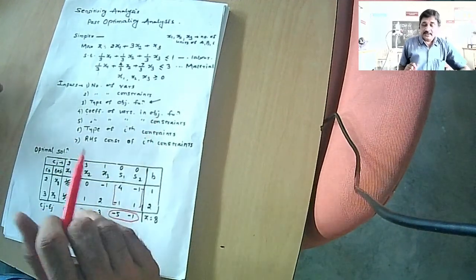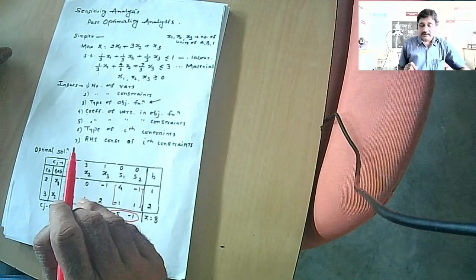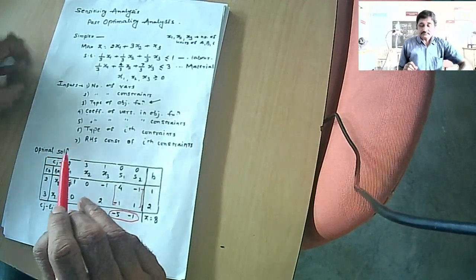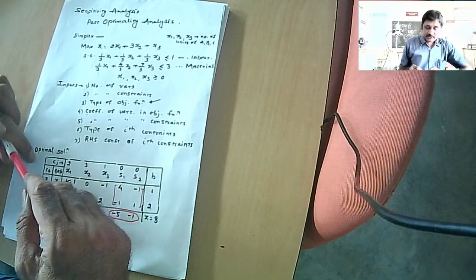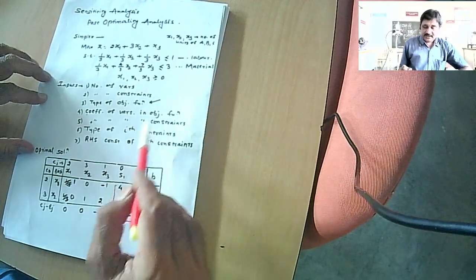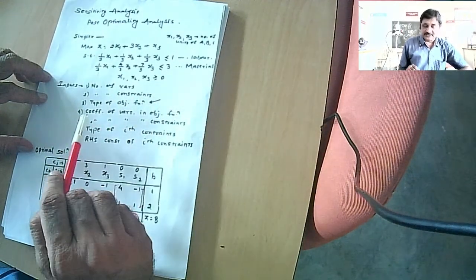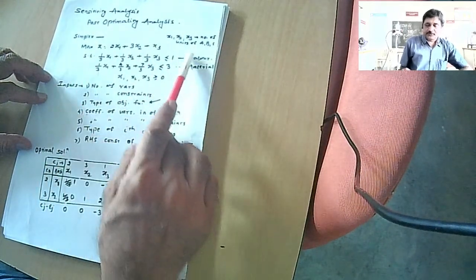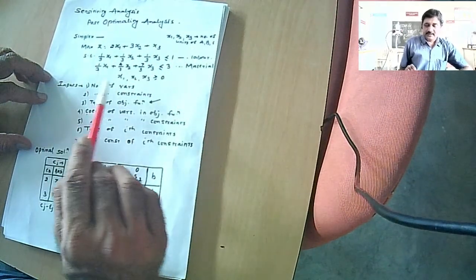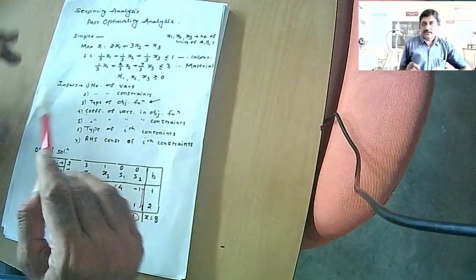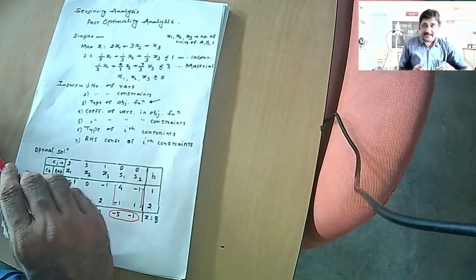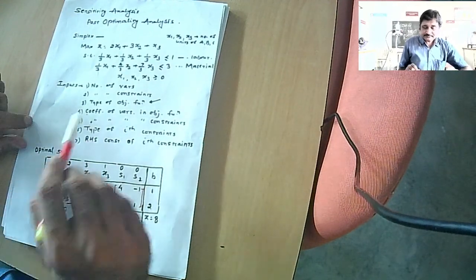Whenever you write a program for solving a problem by the simplex method, your screen should ask you these questions. By asking this many questions, it will be in a position to take the inputs for the LPP. For example, as soon as you answer how many variables, that many places for variables will get created.